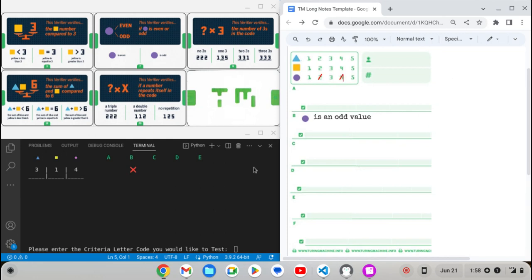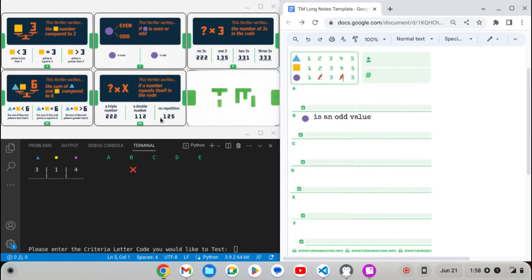Okay, so the next thing I'd like to test is the structure of the solution. Does it have no repeated or duplicated digits, or is there a repeating digit, or is it a triple?